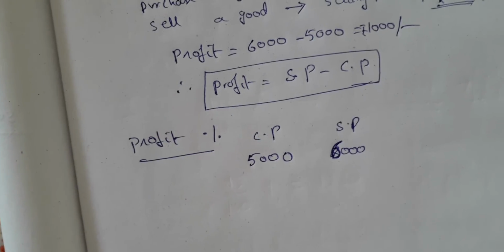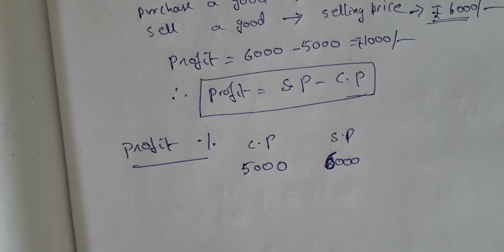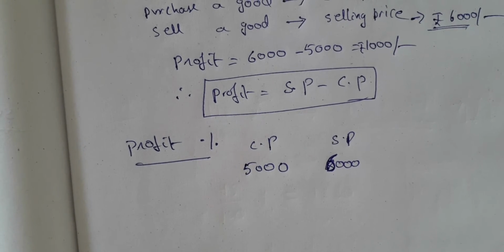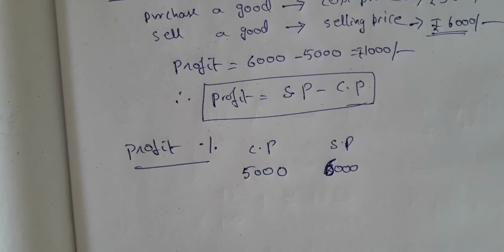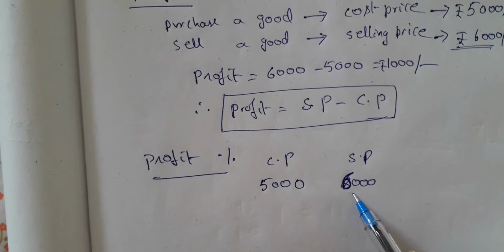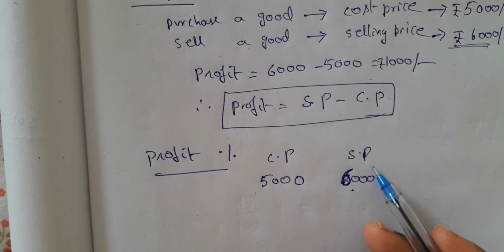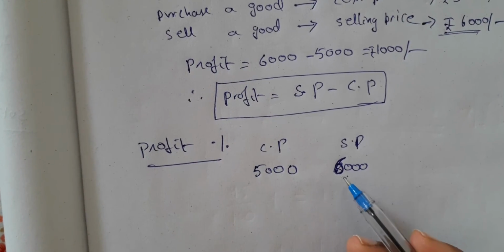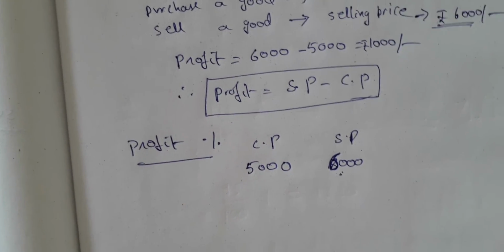When it is asked profit percentage, obviously we know that there is a profit. From here also you can see that it is a profit because we are selling for 1,000 more. Now we have to find out the profit percentage.